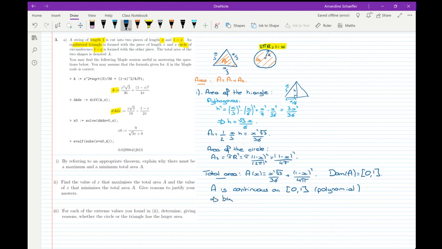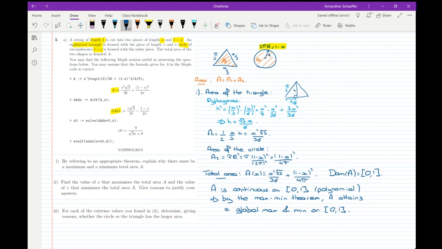So by the maximum minimum theorem, which I'm going to write like that, max min theorem, we know that A attains a global max and min on this closed interval. Okay, so that's for question 1.